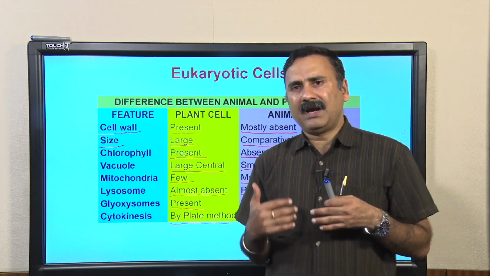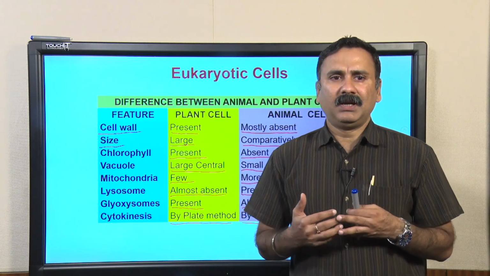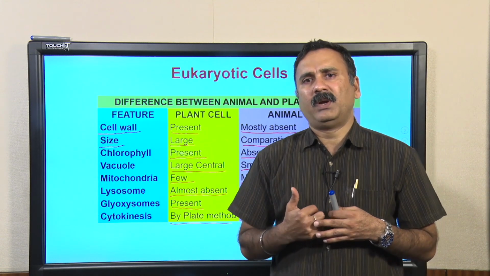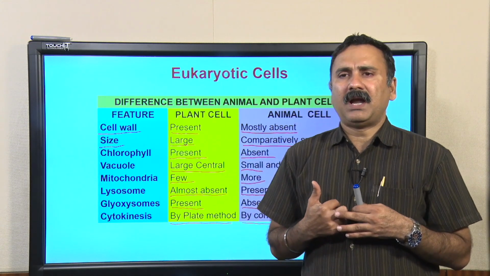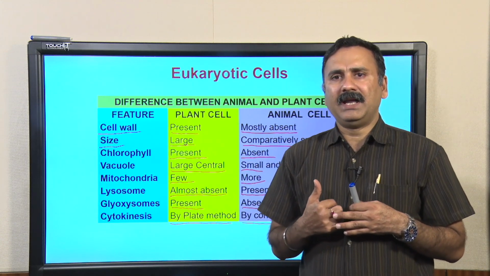So, there are multiple advantages of a eukaryotic cell having membrane bound organelles. You can imagine a situation where the mitochondria is catalyzing a reaction, and that reaction product is required in a very high quantity.